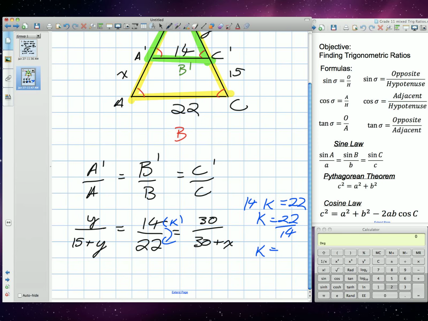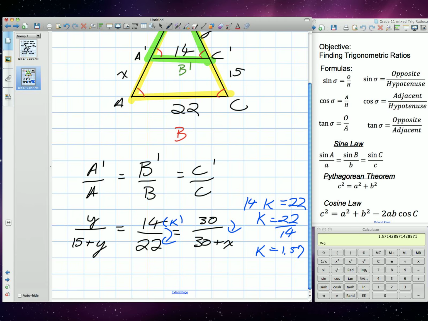My k value is 1.57. So what that means, in terms of values, if I want to figure out what this side of a triangle is, I need to multiply the smaller triangle by 1.57.